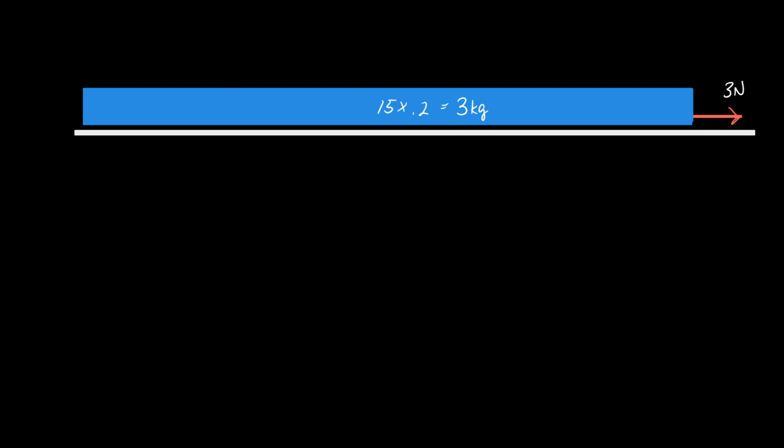Is that right? So, net force on the system has to equal the mass of the system times A. The only force acting on the system, since there's no friction, is 3 newtons. That has to equal 3 kilograms times A. So the acceleration is 1 meter per second squared.